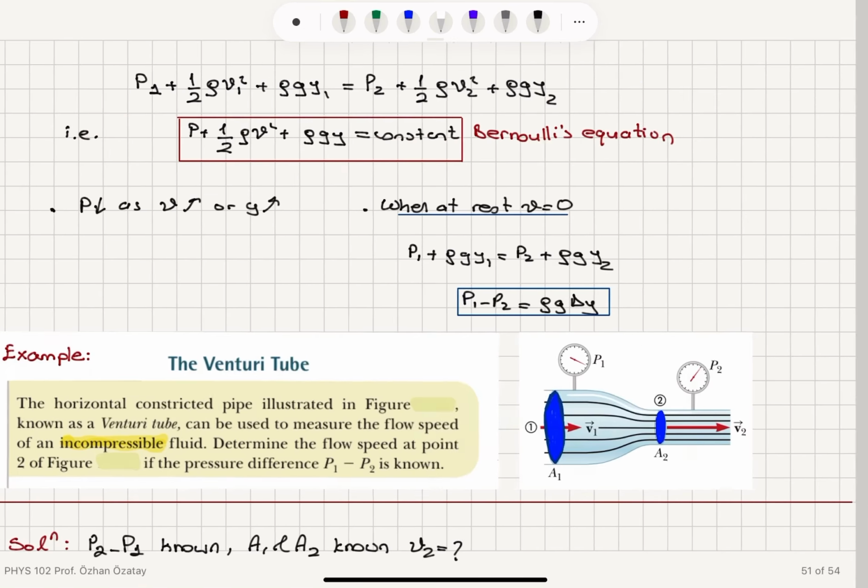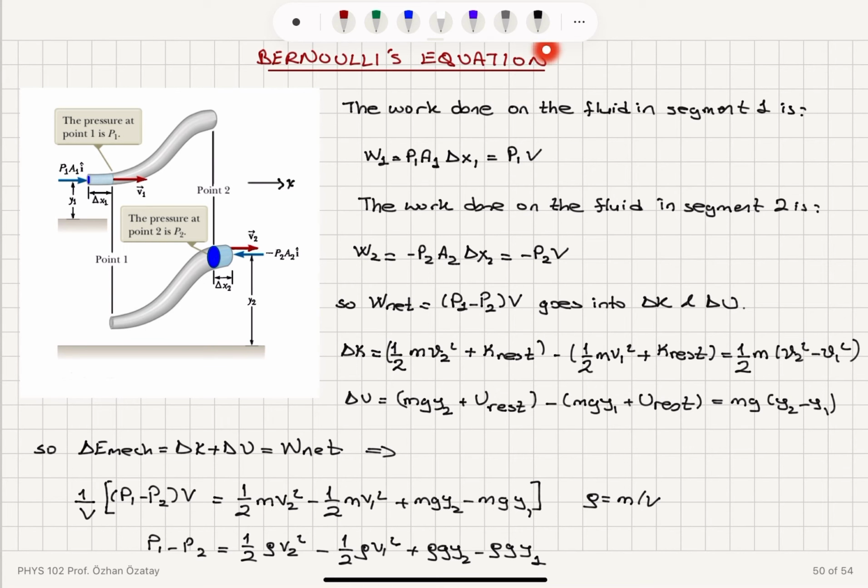Okay, so to summarize, we have talked about Bernoulli's equation. We can see that Bernoulli's equation is just a result of change in the mechanical energy of the system due to the net work done by external forces. And when we consider the pressure applied at the point where these particles are entering a pipe and the pressure at the point where these particles are leaving a pipe, the pressure difference P1 minus P2 is equal to 1/2 rho (V2 squared minus V1 squared) plus rho g (y2 minus y1).